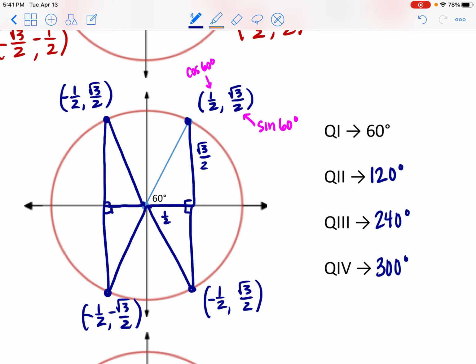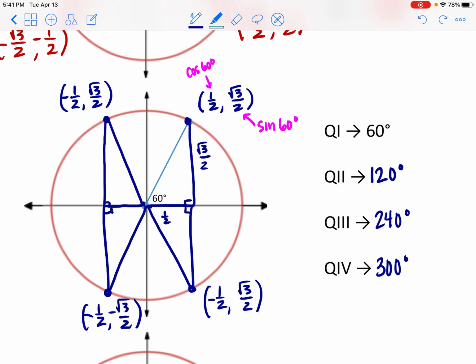Okay, so a 60-degree angle, a 120-degree angle, a 240-degree angle, and a 300-degree angle, they all have the same reference angle. I didn't use this word on the previous one, but they all have the same reference angle, right? The reference angle for the 120-degree angle would be this 60 degrees.